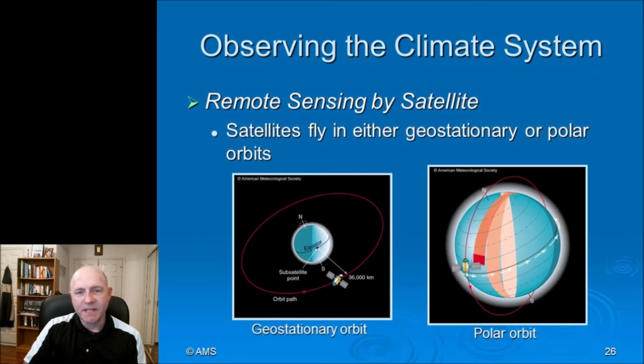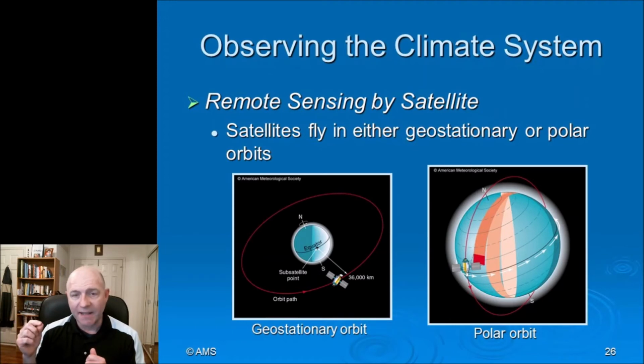So the satellites fly in two different kinds of orbits. One of them is called geostationary, and the other is a polar orbiter. The geostationary satellite on the left goes around the Earth at the same rate that the Earth is spinning on its axis. That's out 23,000 miles above the equator.